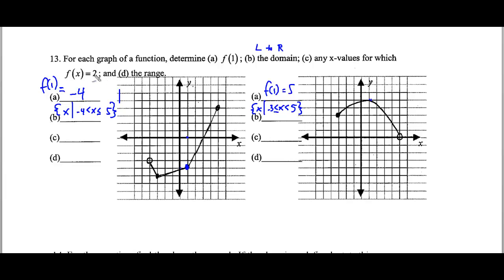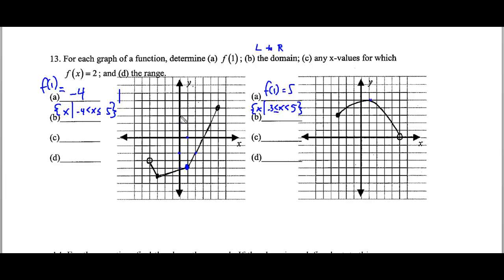All right, now this one's a little funkier here. This part C is, what values of x give f of x equals 2? What this really means is, what is the value of x when my equation is at 2? So I'm going to go to 2 on my y and then go look for my x value. Oops, I went to the wrong y.